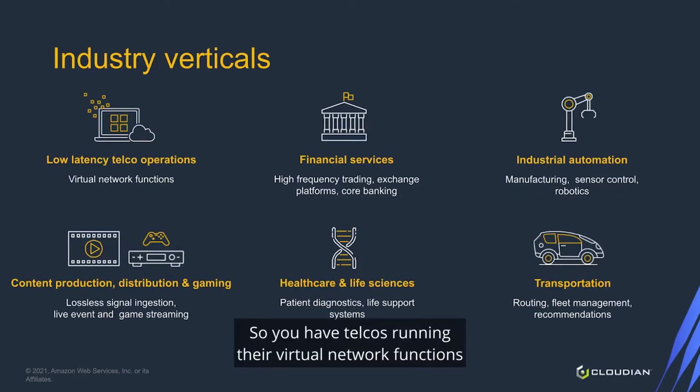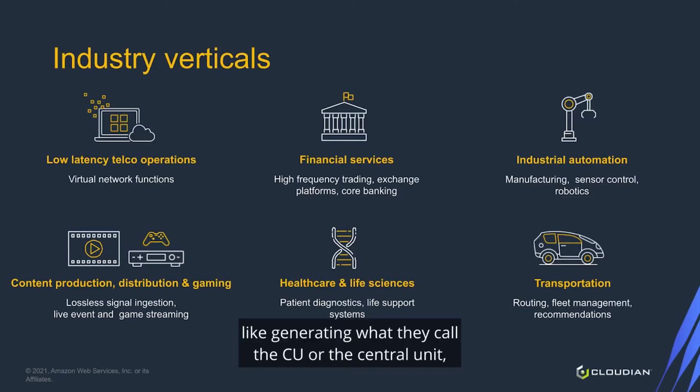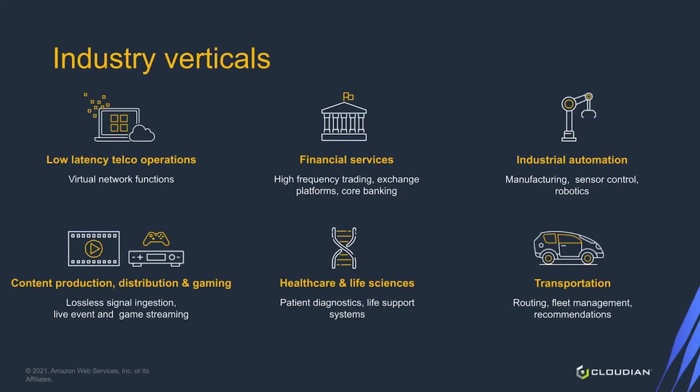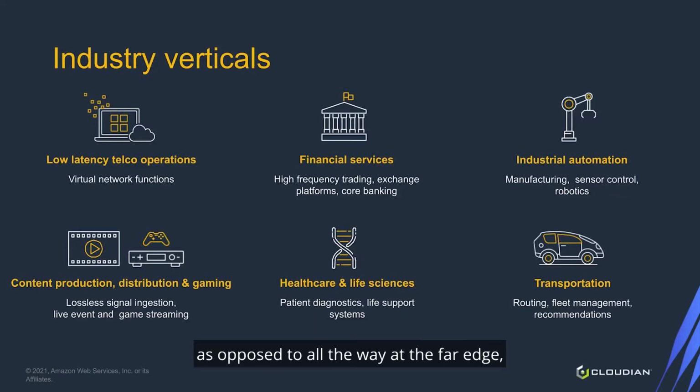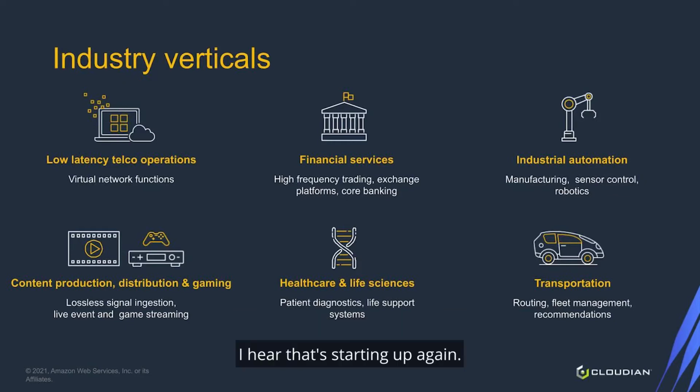You have telcos running their virtual network functions, like at what they call the CU, or the central unit, as opposed to all the way at the far edge. Or you have content production. I mentioned this media and entertainment, right? Doing visual effects. You watch movies. I remember back when we could go to the movie theaters. I hear that starting up again.